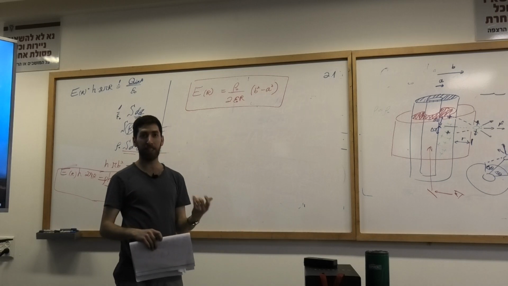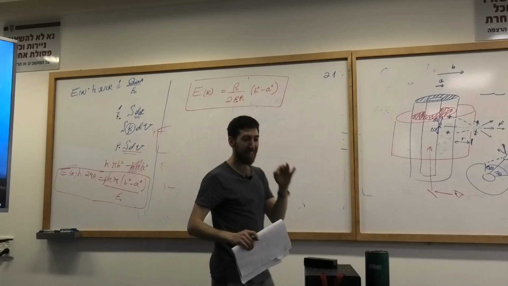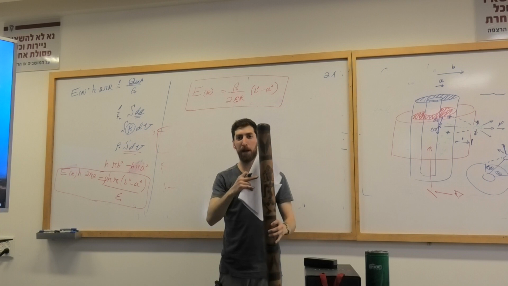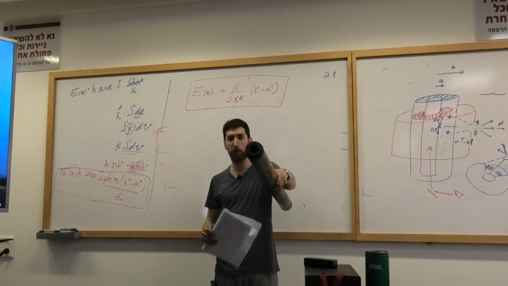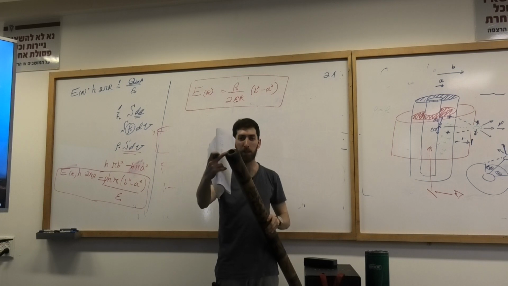Good. So right now I can ask a similar question. What is the electric field, not outside of the periscope, but inside of it? Inside the wall, not the empty space, the wall.